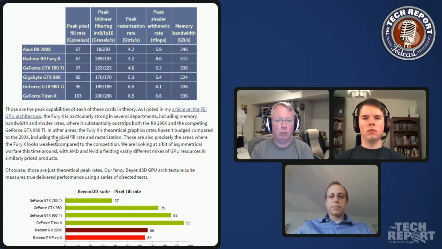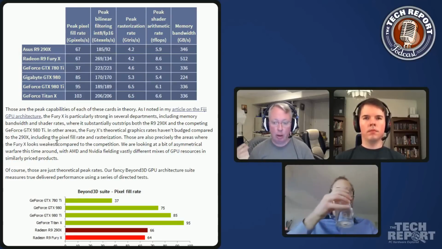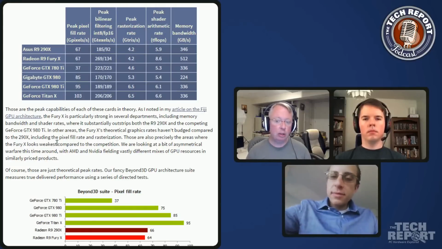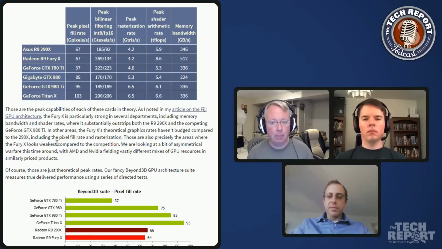Yeah. So what they did scale up in Fiji compared to Hawaii, and what is one of the huge strengths, is the shader arithmetic, the big old shader array, and that also goes back to the texturing, which is mated to that. So this thing can access memory through textures, filter textures, and has a big 8.6 teraflop shader array, 4096 stream processors or shader ALU lanes, and that is substantially more than anything else.